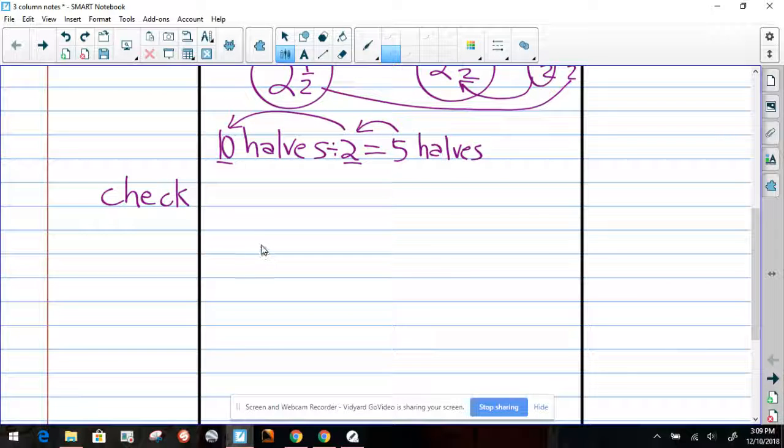And we're going to start with 5 halves times 2. That's going to equal 2 times 5 equals 10. And the one below the 2 is going to be 1 times 2 equals 2. When you divide 10 divided by 2, the answer is 5. And we are correct, my friends.